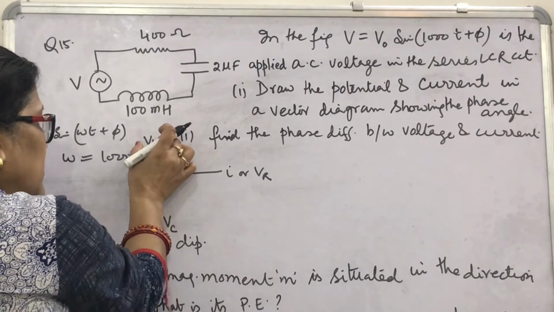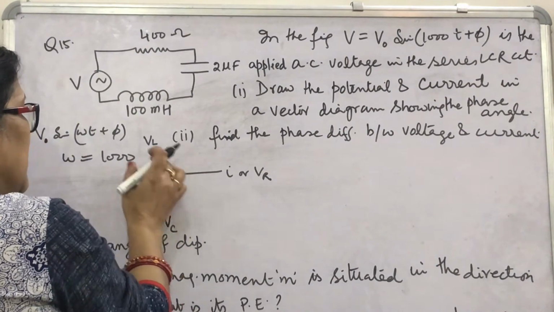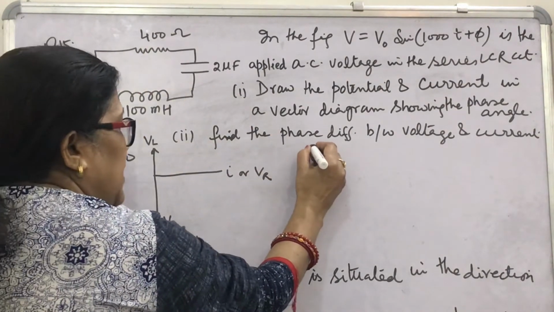First of all, we will see VL and VC, which is bigger.